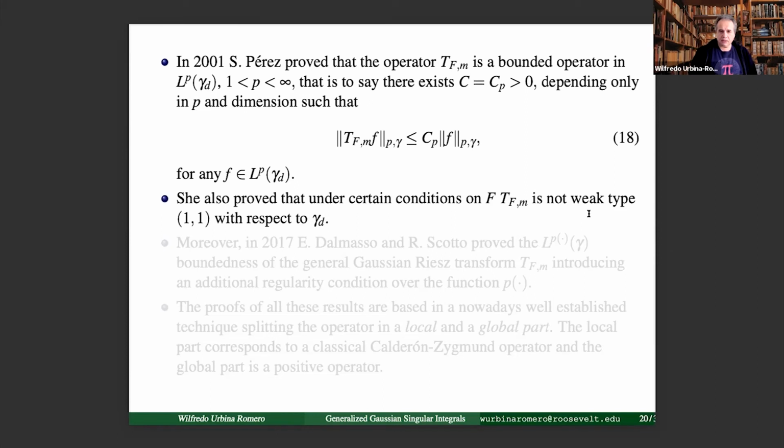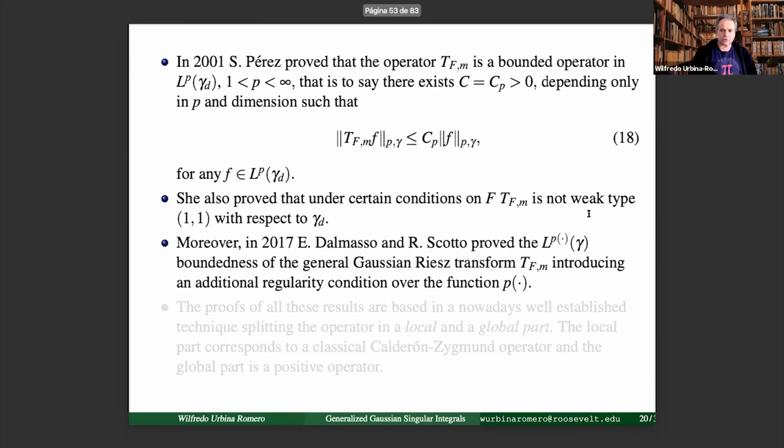And then Dalmasso and Scotto were able to extend this result to the Gaussian LP Lebesgue variable.